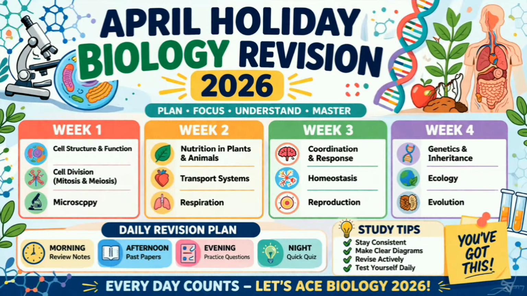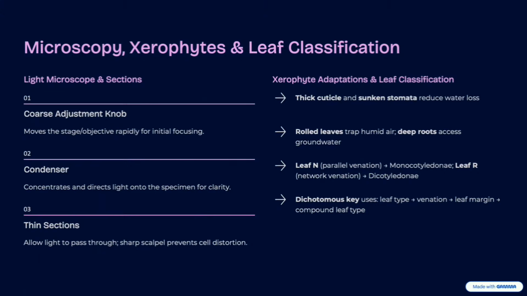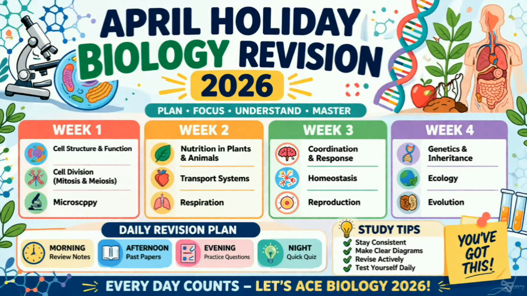Of course, in number 19, there was a diagram here. We don't have it here on the board, but if you have your paper, you can easily see that question. Question number 19.